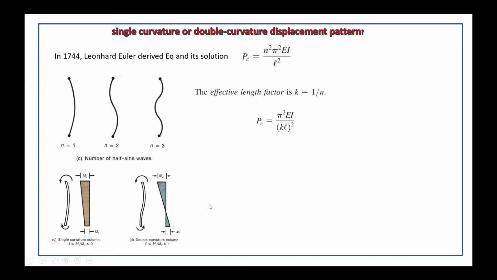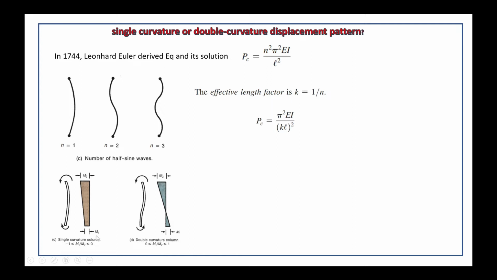And we want to talk about the single curvature and double curvature. You have to know about the single curvature and double curvature. What is single curvature and what is double curvature? This deformation shape is for the single curvature, and the moment is like this one. And for the double curvature, you see here, the shape is like this, and the moment we have two sides, M2 and M1.